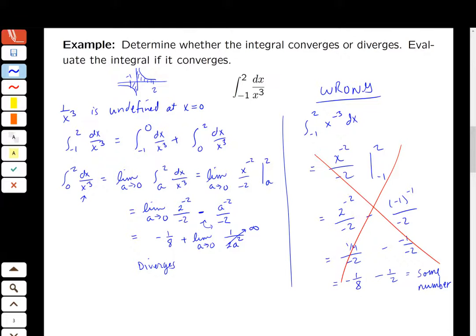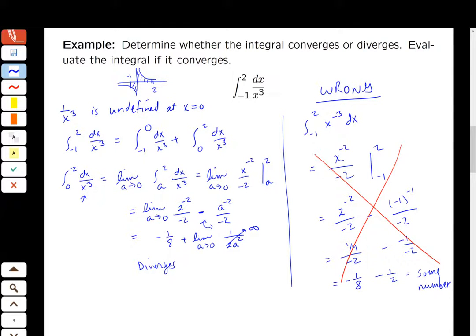Now, if we evaluate the other one, we'll get that it diverges, but we'll get a minus infinity out of it because the whole area is below the x-axis. That's going to be a negative area. Infinity minus infinity doesn't equal 0. In this case, it still diverges.